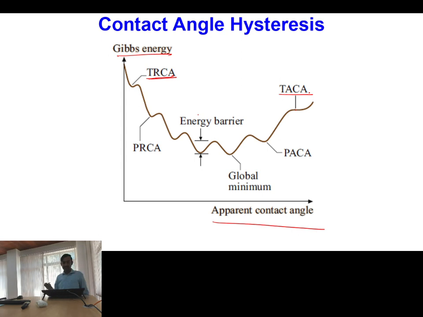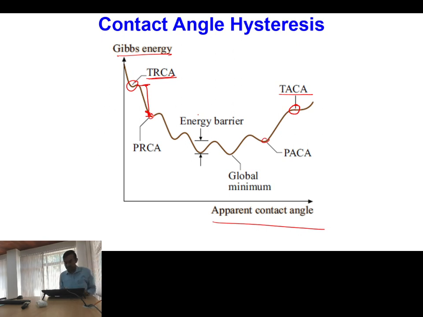But in reality, you will find that your drop will not settle at this minima, because in reality the drop may have some interface oscillations because of the surrounding air or because of the vibration of the surface. Because of these vibrations, whatever energy barrier you have between these two minima, your drop will be able to cover that energy barrier, and by covering it, it may rest in some new situation.